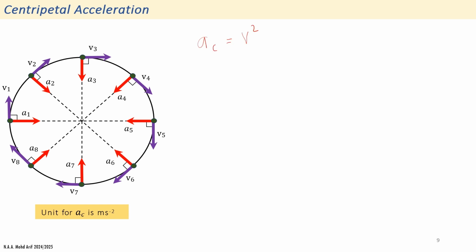So we can write a_c equals v squared over r. The unit for a_c is meters per second squared. The a_c is also known as radial acceleration, which reminds us of the direction of the acceleration.